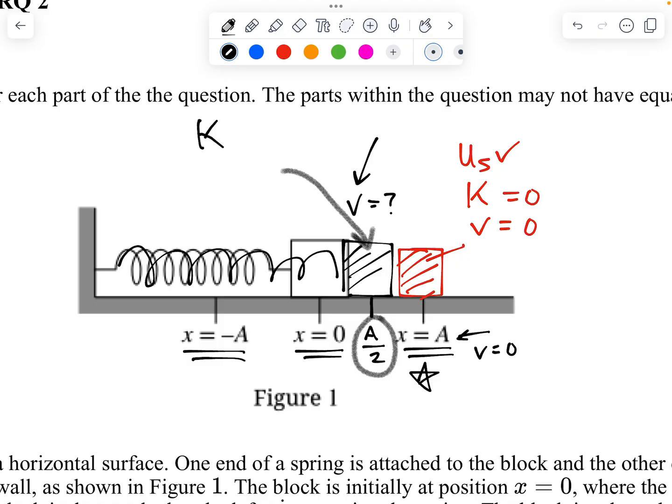Now the spring is also stretched, right? It's not at the position x equals 0, so the spring is stretched, so it also has spring energy. So we have both of those. Now, you have to pick another position if you're using the conservation of energy equation. So the position I chose was x equals a. The reason I chose that position is that's where the block temporarily stops or has no velocity, right?